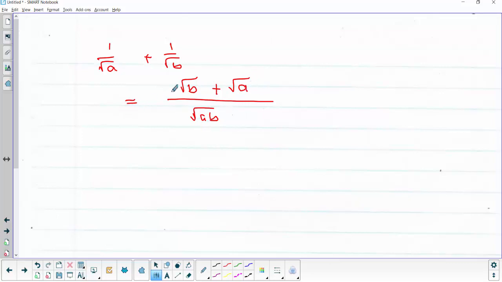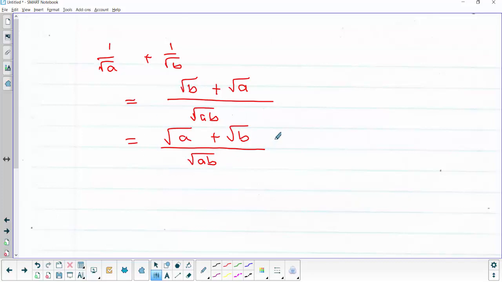We can rearrange it; it doesn't make any difference. So we have root a plus root b divided by the square root of ab, because the square root of b plus the square root of a is the same thing as the square root of a plus the square root of b. That is, 2 plus 3 is still the same as 3 plus 2. That is what I did here.